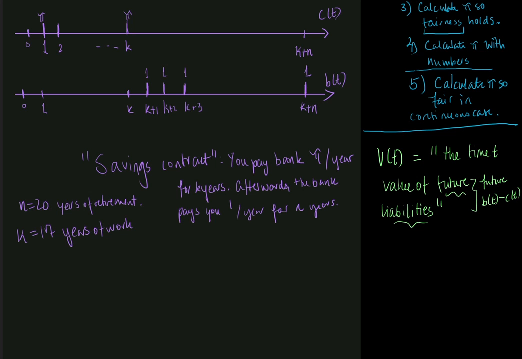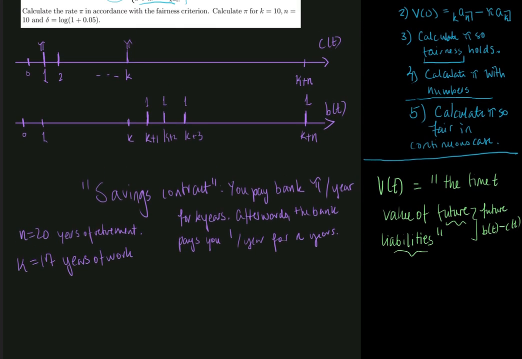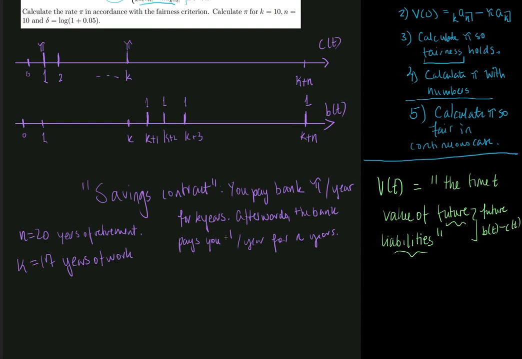And why is that interesting? Well, it is interesting from the bank's point of view when the bank needs to decide how much it needs you to pay in amount pi per year in order for the bank to meet the future liabilities of 1 per year. So that's why we're interested in V of t.